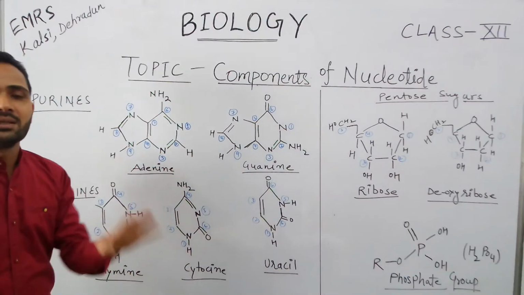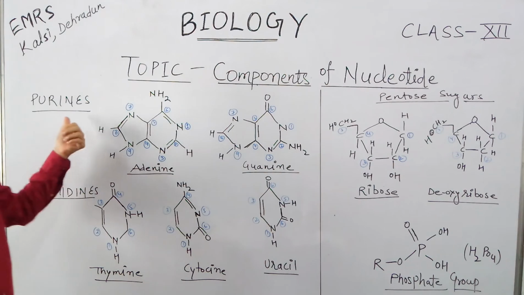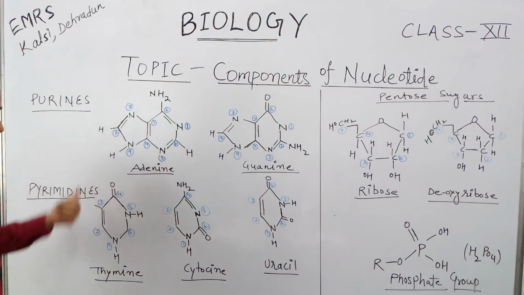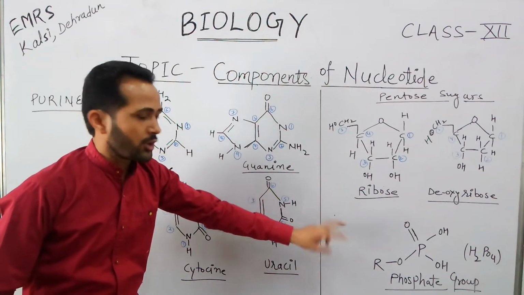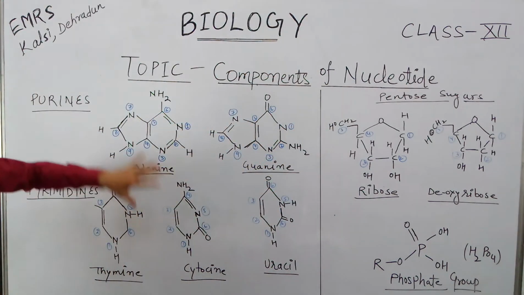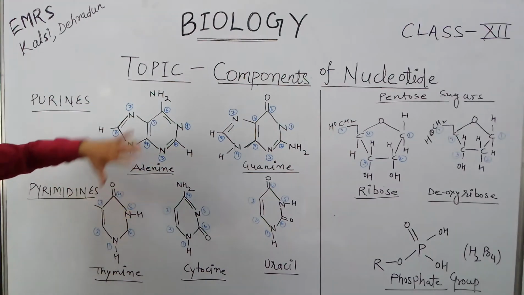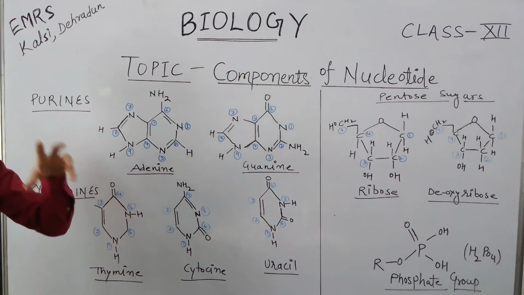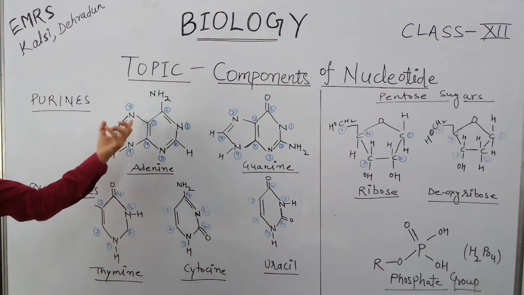As we have done, there are 3 components of nucleotides: nitrogenous bases, purines and pyrimidines, pentose sugar and phosphate group. First we are discussing the structure of nitrogenous bases. Nitrogenous bases are heterocyclic nitrogen containing compounds. Cyclic means ring structure.